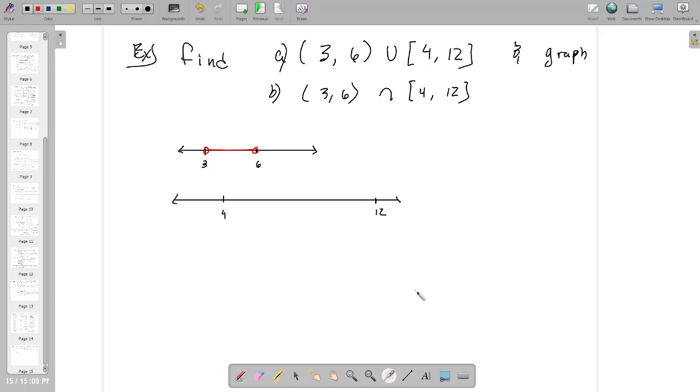Now, 4 and 12 are in brackets, so we have closed circles for this graph. Accidentally went a little farther. Now, I'm going to label 6 on this and 4 here, because those are the ones that are in between. For part A, what we're looking for is the union of the two.